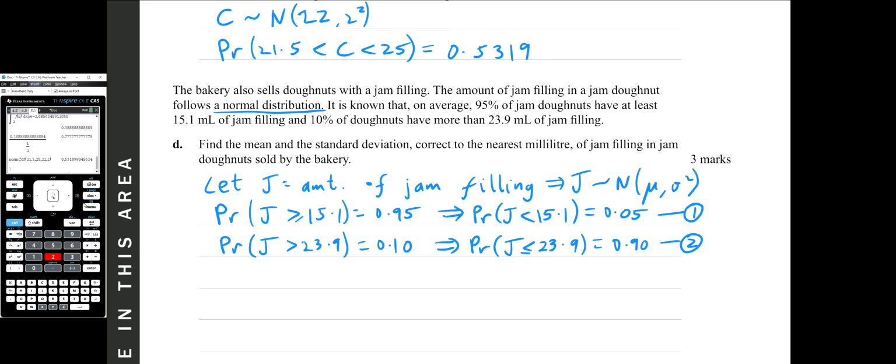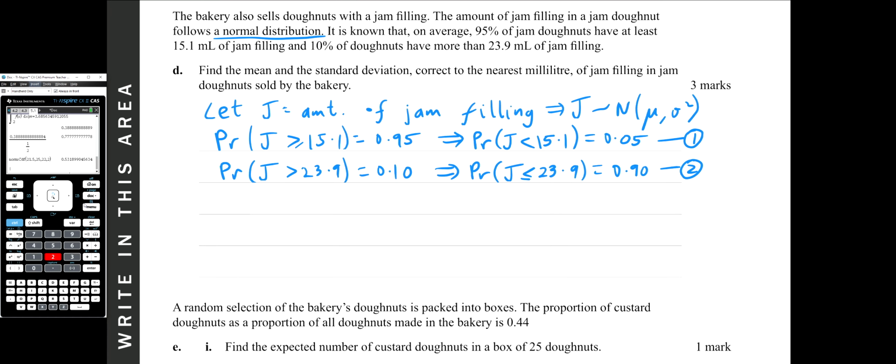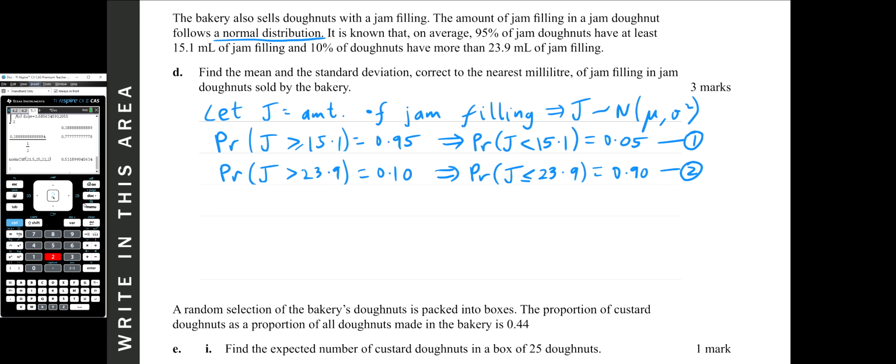Right, so now we're going to convert equation 1 and 2 into standardized form. From equation 1, this implies that if we standardize it, J standardizes to Z, and 15.1 will standardize to 15.1 minus mu all over sigma, and that equals 0.05.